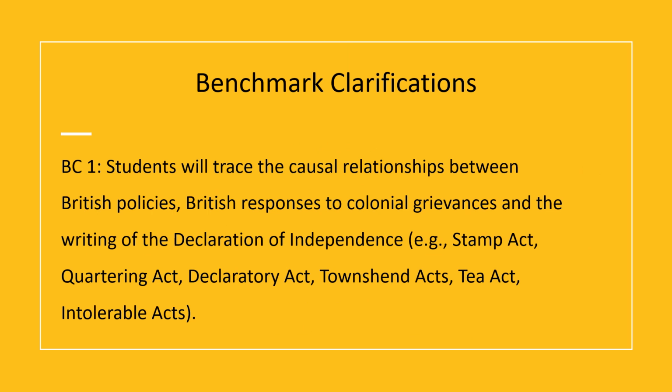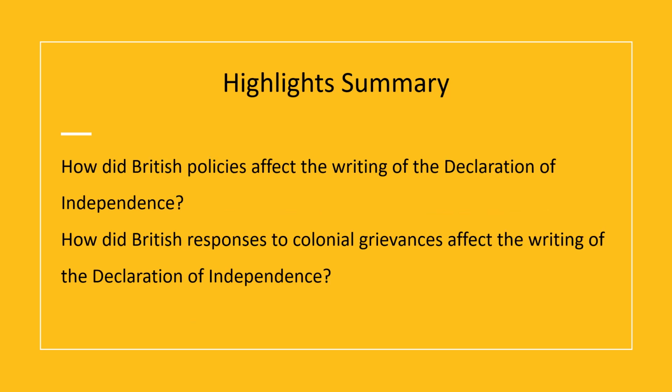So we will focus on these causal relationships, looking at the idea that what the British government imposed on the colonists compelled the colonists to complain, to petition the British government for some kind of relief, and then we focus on the British responses to those petitions and complaints and how that all impacted the writing of the Declaration of Independence.